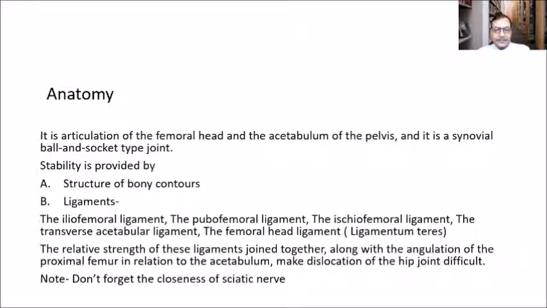And another weaker one is the ligamentum teres, also called the femoral head ligament. And through it, an artery is also supplying the head of the femur. So these 5 ligaments, remember, some of them are the strongest ligaments in the whole body.